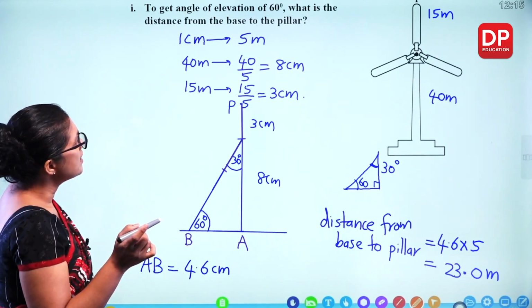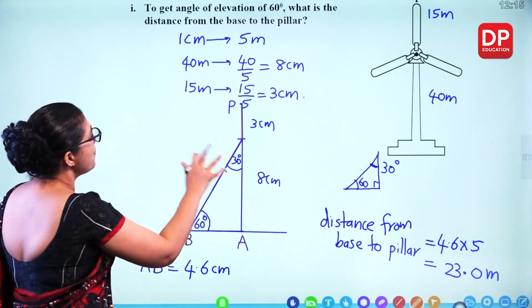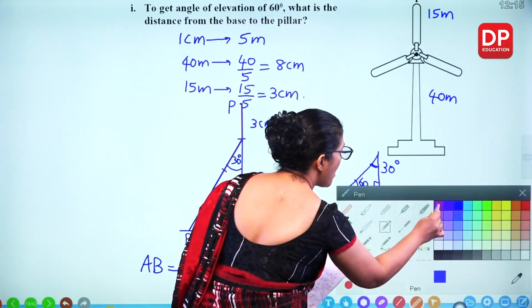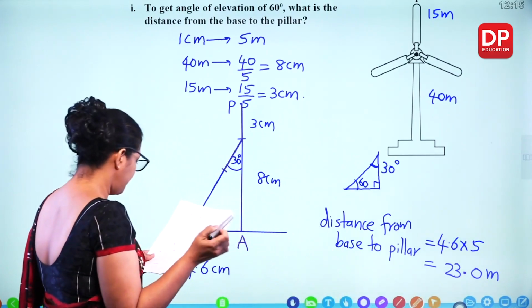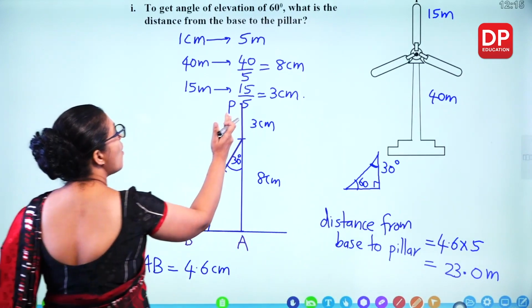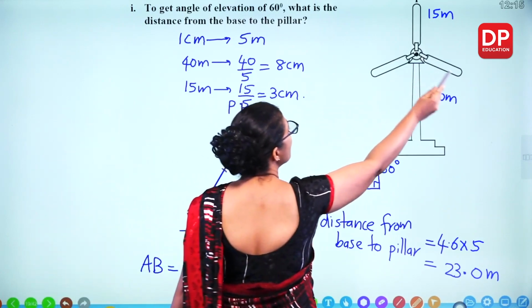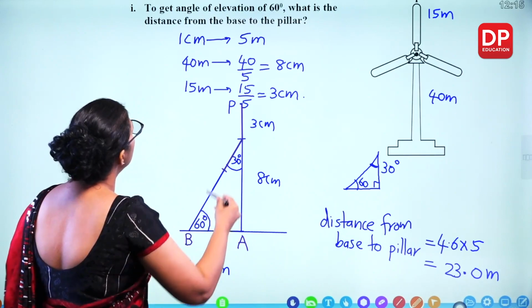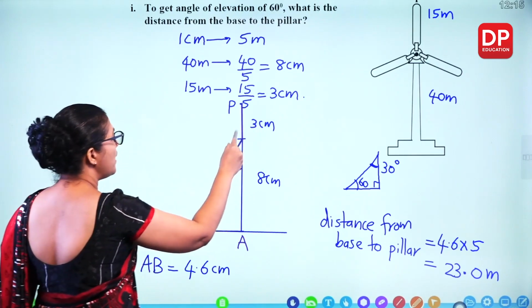So, you get 3 marks according to the marking scheme, 3 marks for the scale diagram. So, I did one side. I didn't draw this part, this one. Only 2 blades I drew.